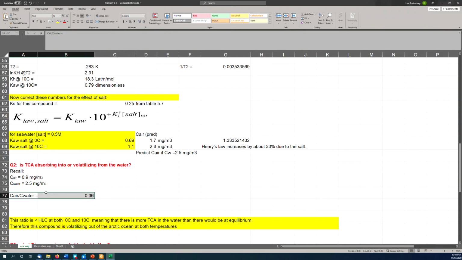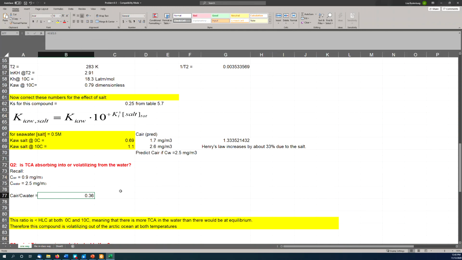Okay, the other way to do that is to calculate the ratio of sea air to seawater. That's the 0.9 divided by 2.5, and you get 0.36. 0.36 is less than both of these Henry's law constants. So at both temperatures, it means that the chemical has to be volatilizing out of the water column. Okay, because this ratio is less than the Henry's law constant.